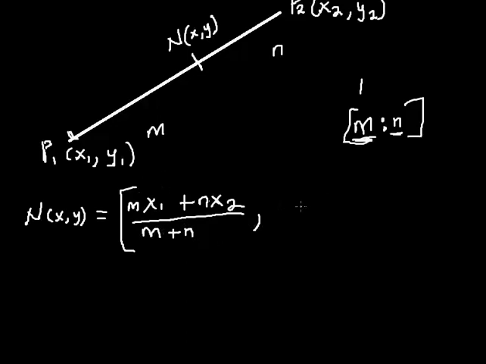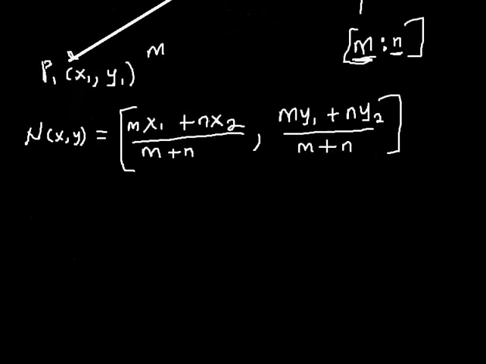The same thing with the y coordinate: m is the coefficient of y1, n is the coefficient of y2, then divided by their sum, the total ratio. So if you can remember this, you're good to go.